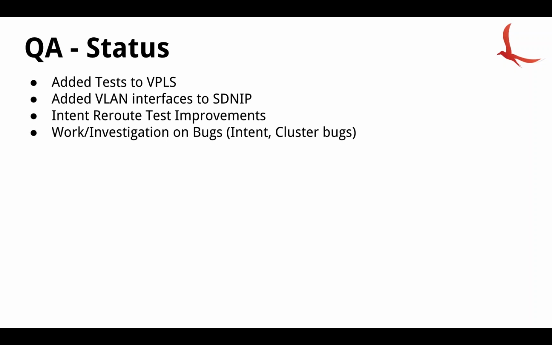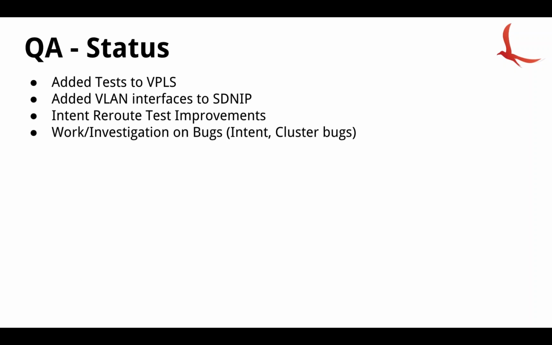That was pending for a while, and we just completed it as well. Regarding the bugs, the intent bug was fixed by Peer, and we tested that and it's working fine, but it is not merged yet. For the cluster bug, I think John is still following up on the cluster issue.